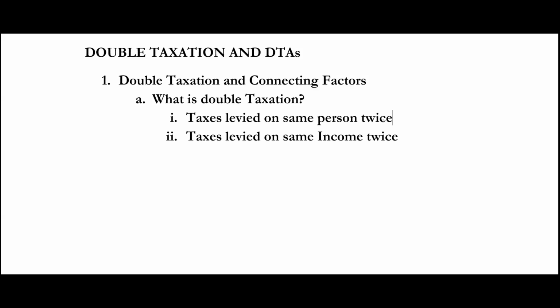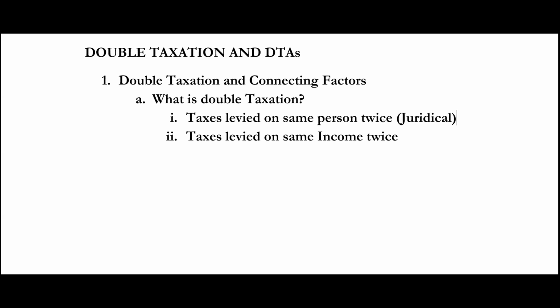For now, I assume you don't know anything about residence. Do you get the idea? Is it not the same person who has been taxed twice? Yes, it's the same person.